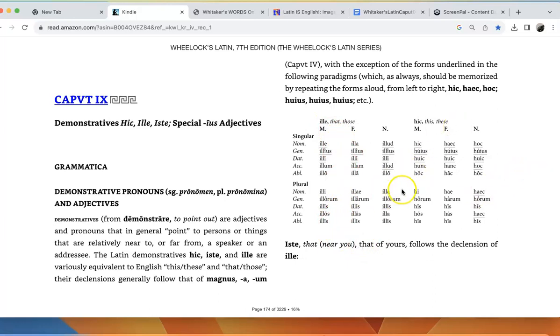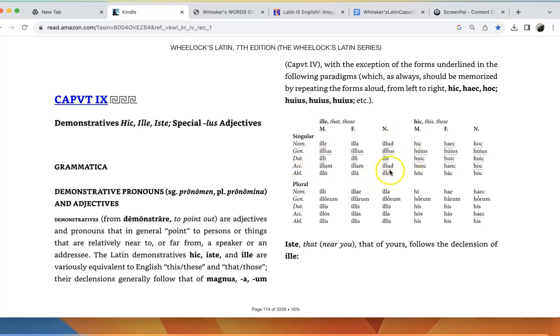So we'll be referring to these, but again, I think the best thing to do is look at them in context. In practice, even though we may have varied examples in this chapter, in terms of when you would see these in Latin, most often it's going to be the nominative form and the accusative form.